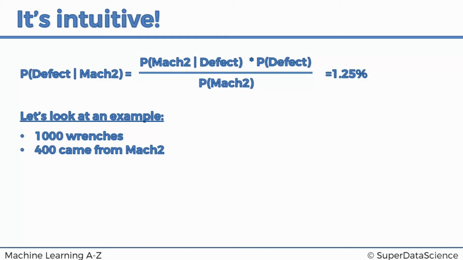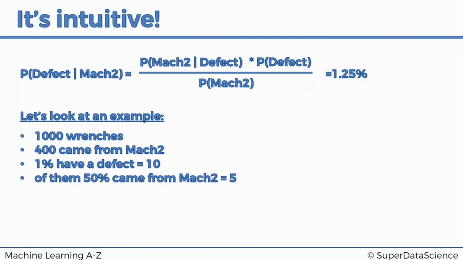That means that out of the 1,000 wrenches, 40% would have been produced by machine 2, so 400 came from machine 2. Then we also know that 1% have a defect. The workers who look at the wrenches at the end of the day see that 1% have a defect, and that means out of 1,000, 1% is 10. So 10 wrenches have a defect.